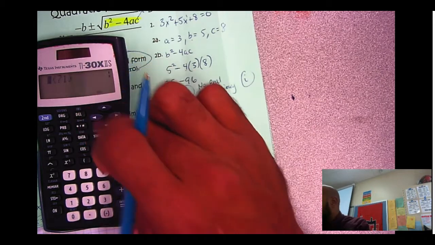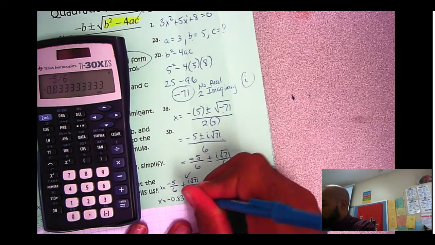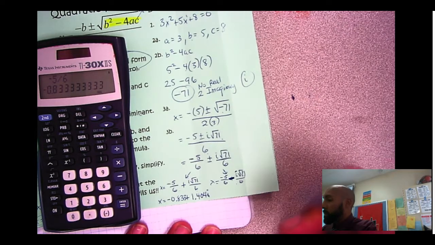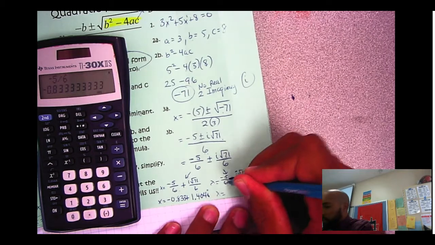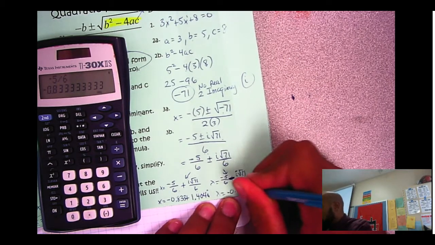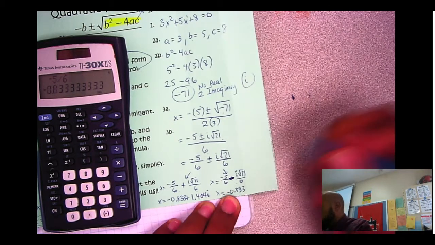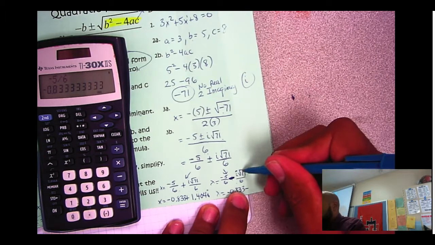And actually, let's go back and put, this is 0.833. The next one, now I already did negative 5 over 6. We already know that's this part, negative 0.833. But now I'm going to put minus the same thing, because again, we already did that.